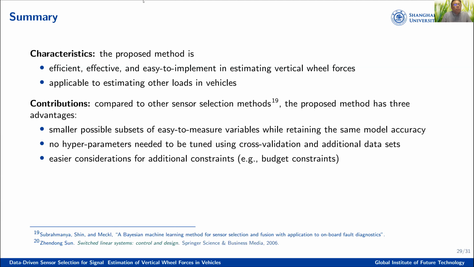The major contribution of the proposed method compared to other sensor selection methods is that it has some advantages. For example, it only requires smaller possible subsets of the easy to measure variables while retaining the same model accuracy. Definitely, we can use a smaller subset of the easy to measure variables to conduct the similar work. And during this optimization work, we don't need to tune hyperparameters using cross validation or additional data sets.